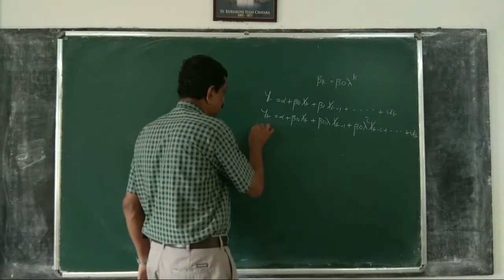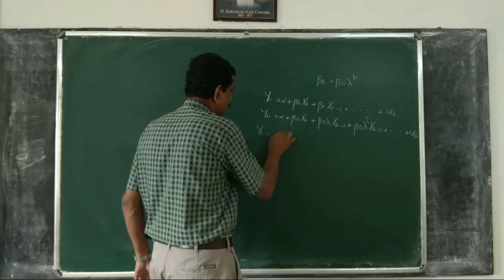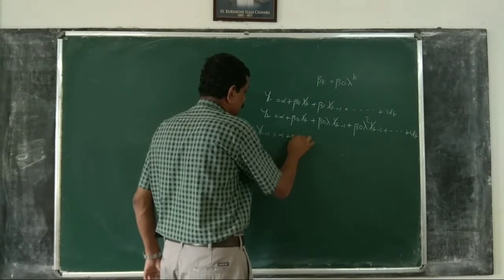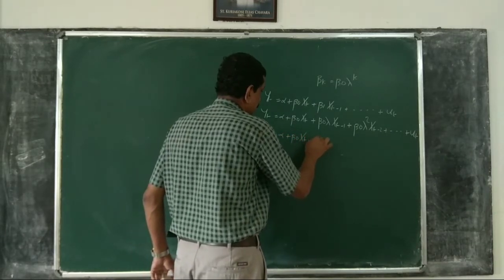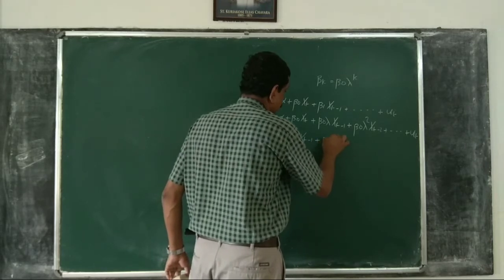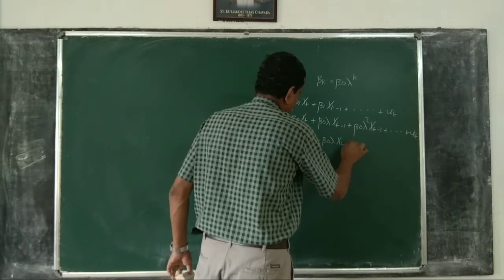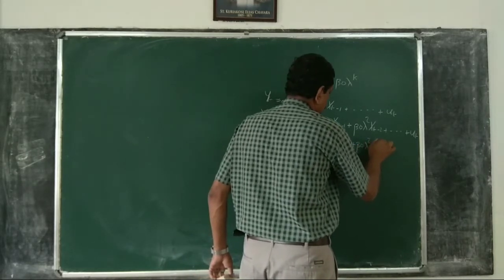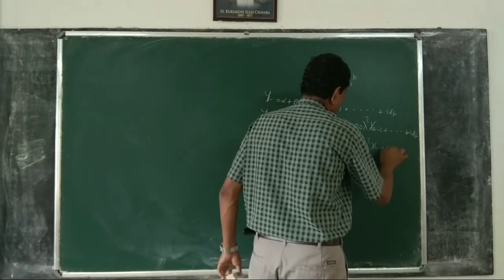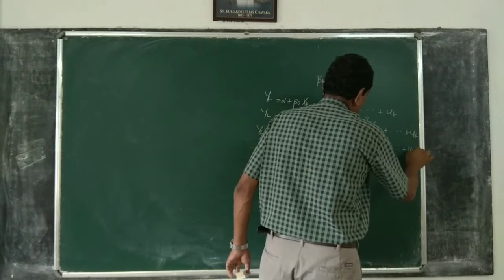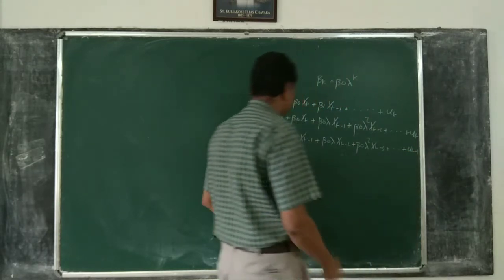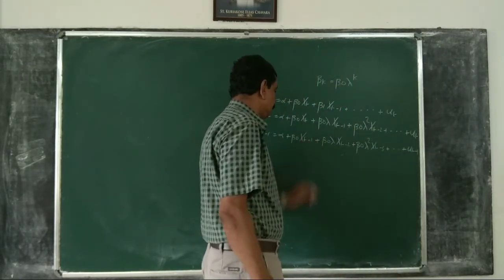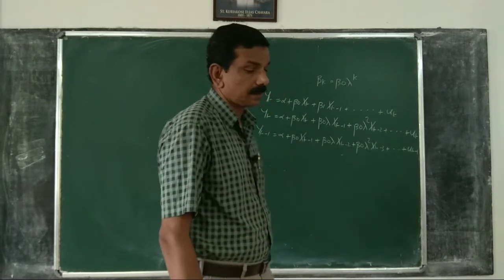So yt minus 1 is equal to alpha plus beta 0 xt minus 1 plus beta 0 lambda xt minus 2 plus beta 0 lambda square xt minus 3 plus etc. plus ut minus 1. Lag this one time period, yt minus 1.